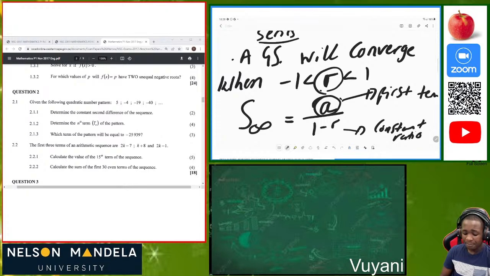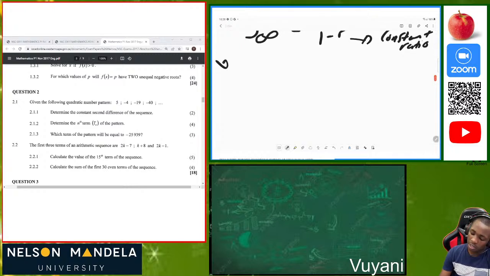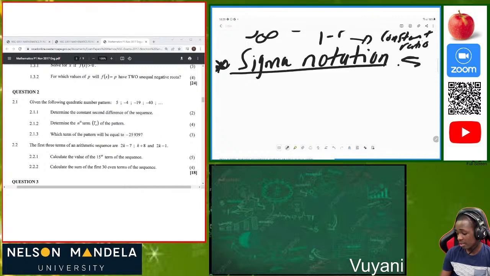Now let me also highlight the last aspect which is important on number patterns, which is called sigma notation. It's important that we know the sigma notation, which is illustrated by this sum.